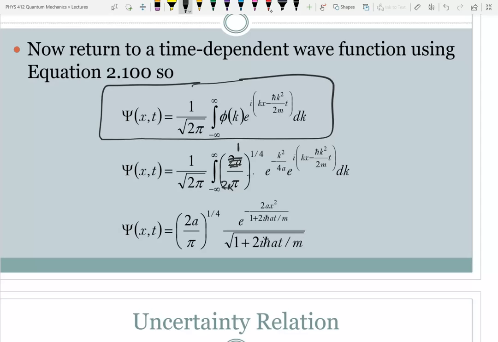This integral now has k squared over 4a, i kx minus h bar k squared over 2mt. You look at that, and you know what you should say to yourself? You say, shoot, I don't want to do that integral. And that's exactly what I said. So I went to the answer.